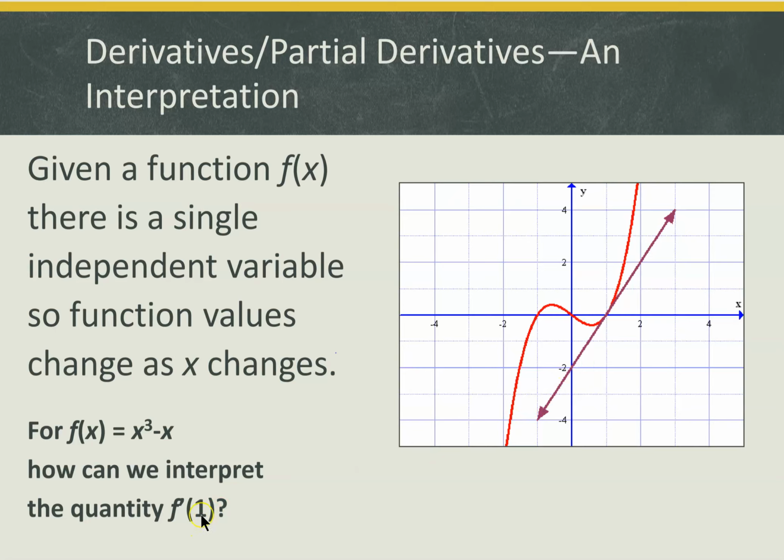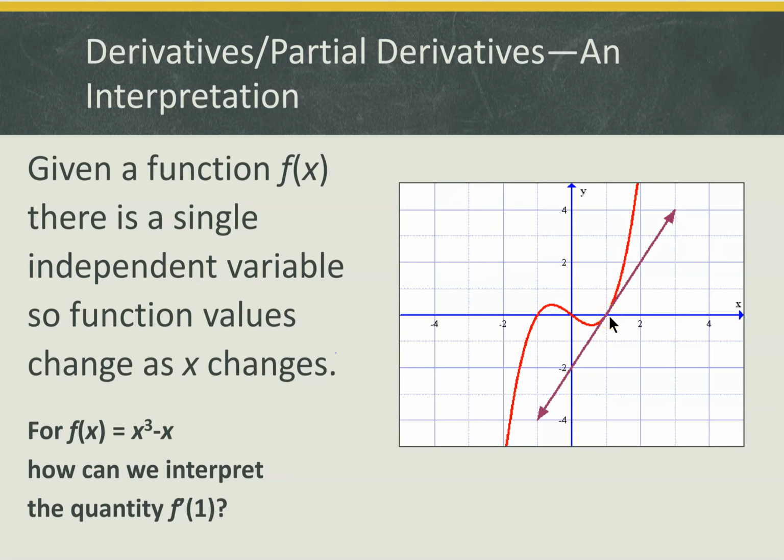So f prime at 1, the input to the function is x, so we're talking about an x value of 1. So here is 1 on the x-axis, and we can see that our function crosses the x-axis at 1, and we can also see there is a tangent line there to the function at 1.